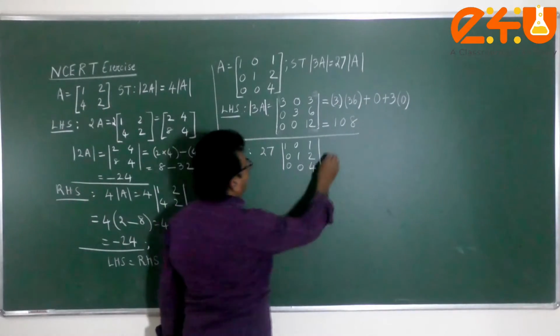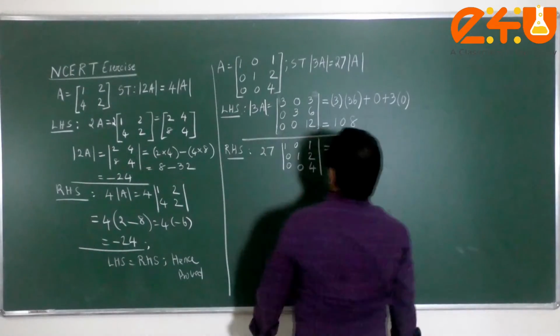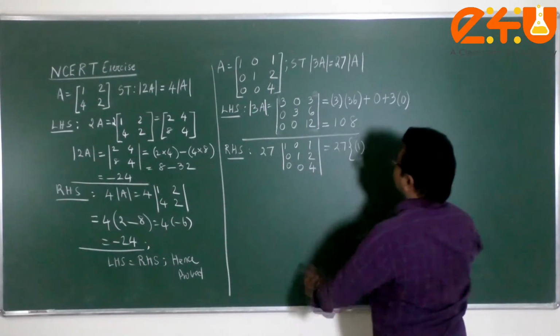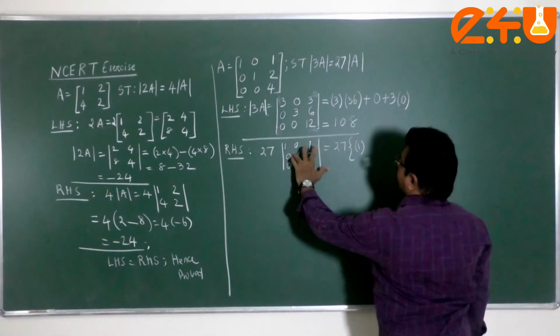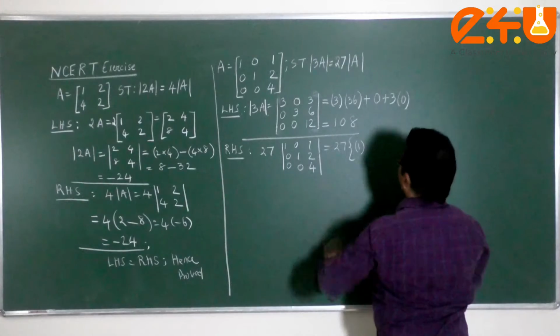This also you can write directly as 27 times. Start evaluating using row 1. So it is 1 into the corresponding cofactor obtained by the minor 1, 2, 0, 4.